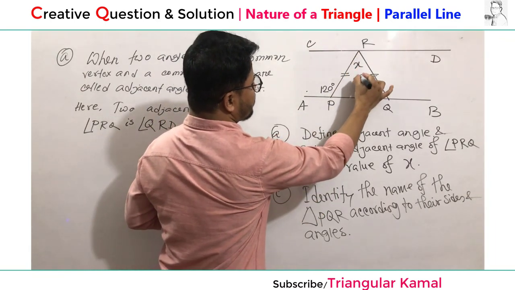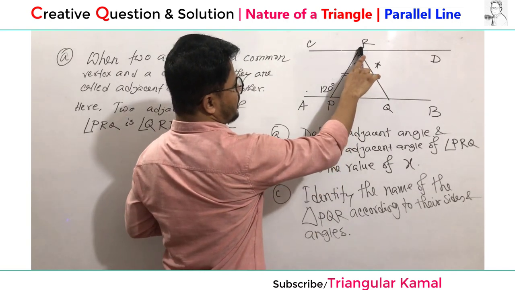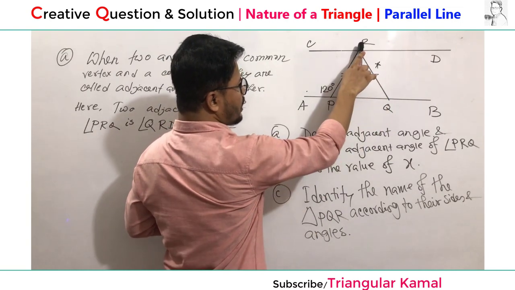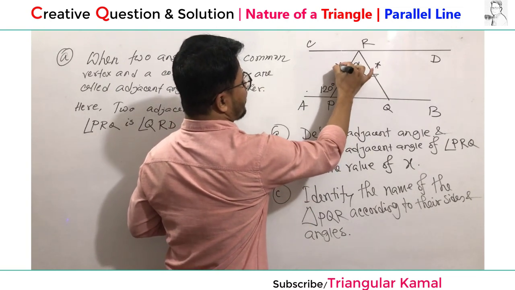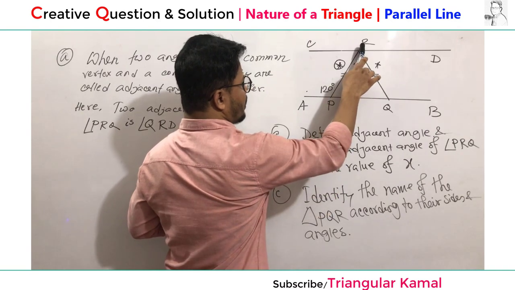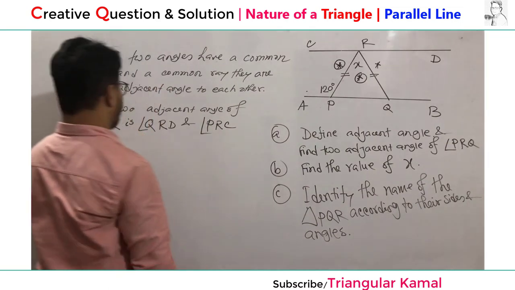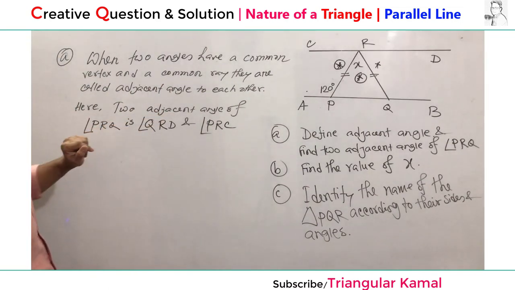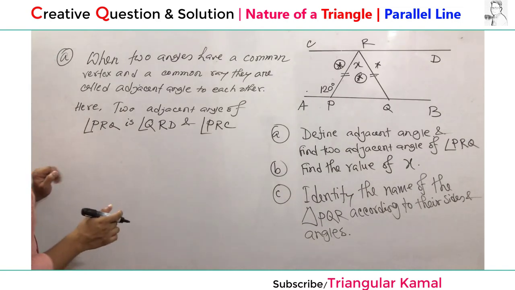If we consider them, they have common vertex R and common ray RQ. When we consider these two angles as adjacent angles, they have common ray RP and the common vertex R. That's why the two adjacent angles of PRQ are QRD and PRC. The first question answer is complete.